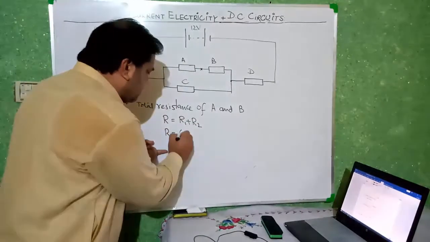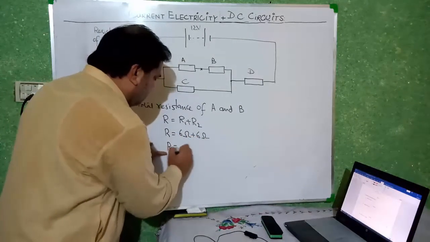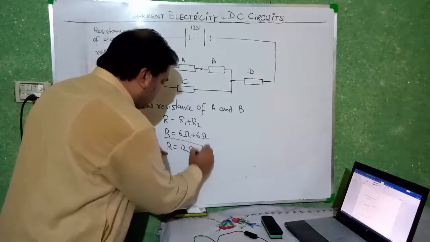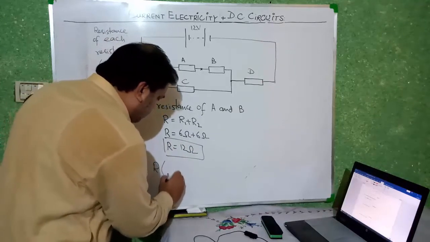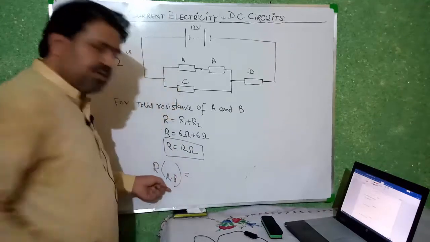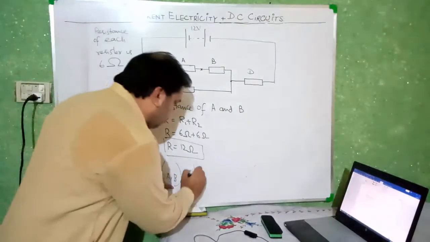So the answer is 6 ohm plus 6 ohm, R is equal to 12. So the effective resistance of A and B, I just write A and B in subscript, this is the total resistance of A and B, and this is 12 ohm.